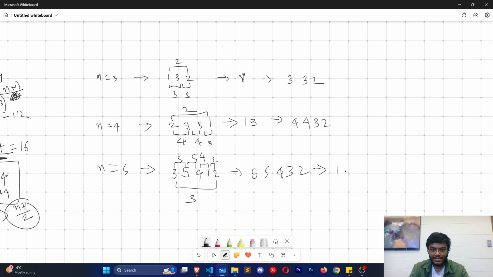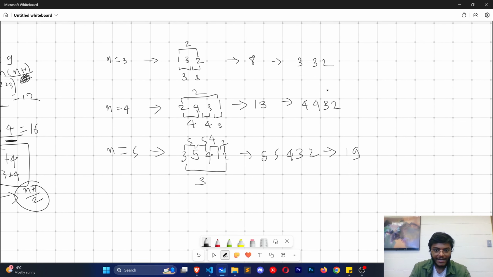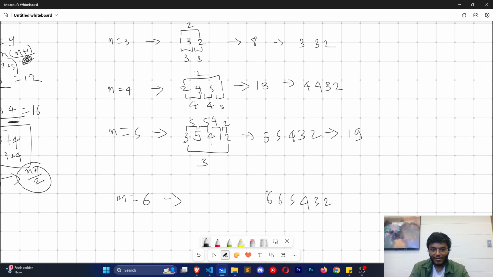So that is 19. If you see a pattern, and you do it for n equal to 6, what you'll find is 6 6 5 4 3 2, because obviously 6 is greatest, so 6 will be utilized at least 2 times, and you try to utilize every single other element.